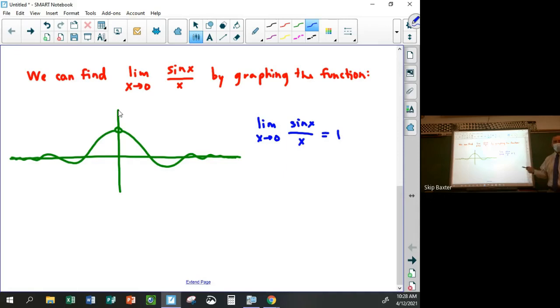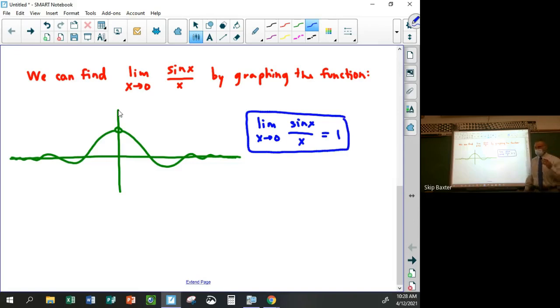I would wait until you know a little more calculus, and then I'll say, remember when we talked about limits and we had this situation? And then we use this other little method to find the limit super simply. But since we have a little time, we can also do it by just examining the graph, and that's what it ends up looking like. So that's one of the special limits I wanted to talk about.